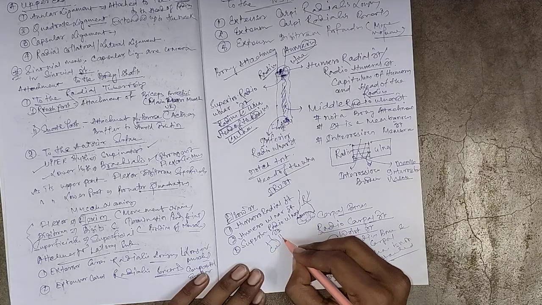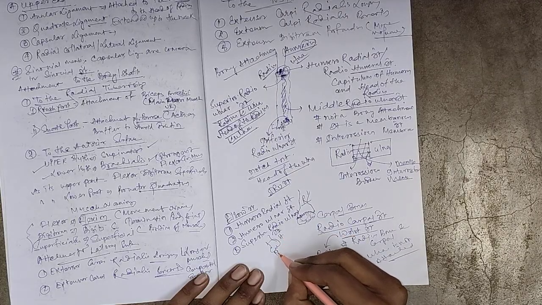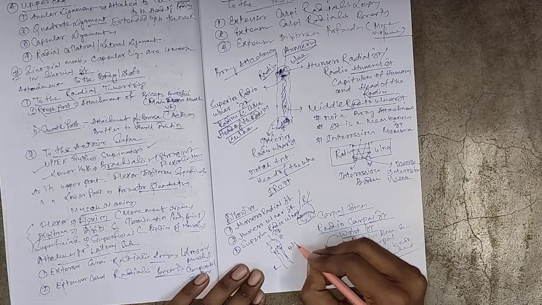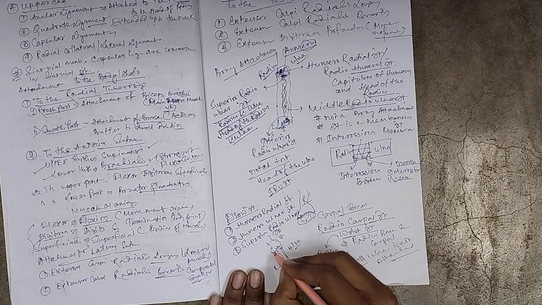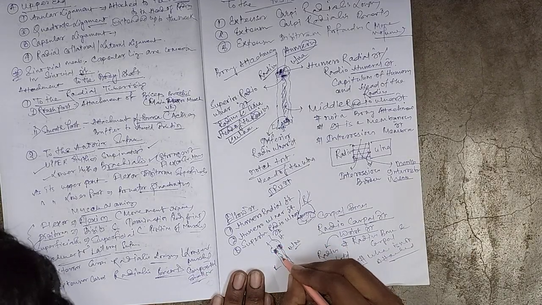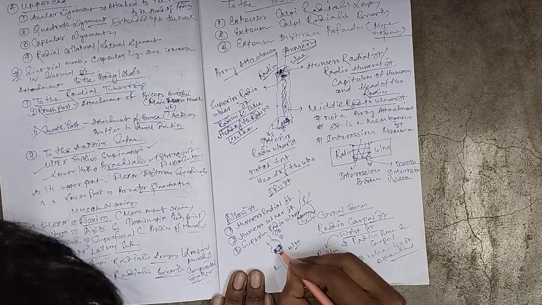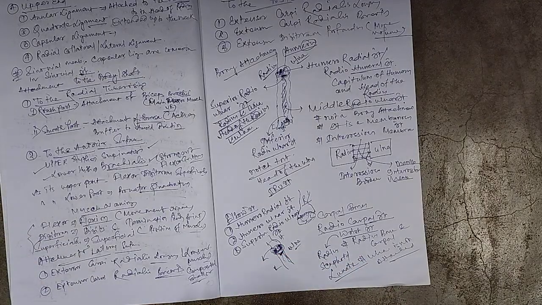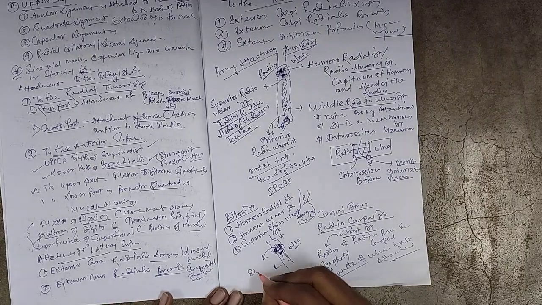This is the humerus, this is the radius, and this is the ulna. So this one is the humeroradial joint, this one is the humeroulnar joint, and this one is the superior radioulnar joint. These three joints together form the elbow joint.